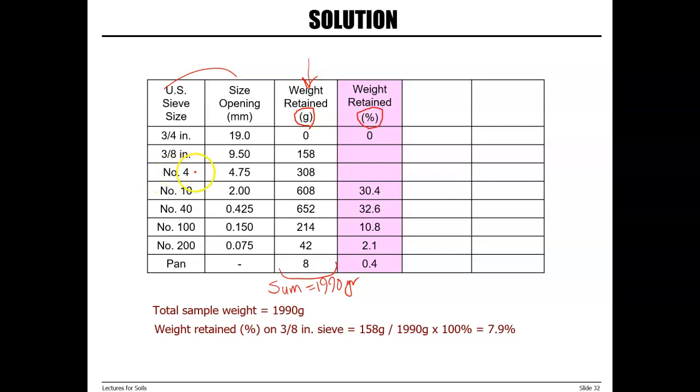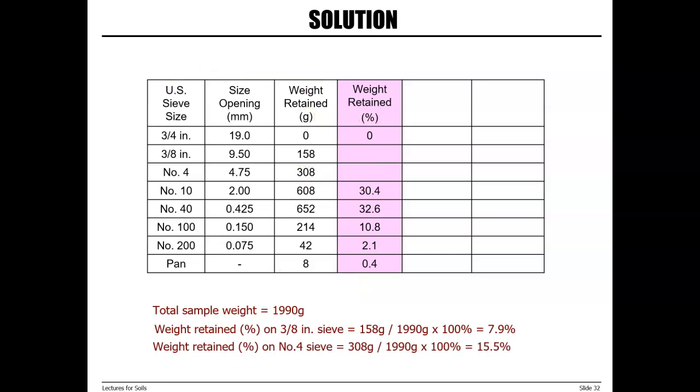For number 4, 308 divided by 1990 grams times 100 gives 15.5%. Again, for sieve number 200, 42 grams out of the total weight is retained.